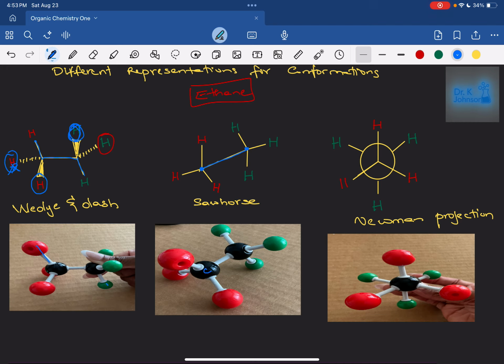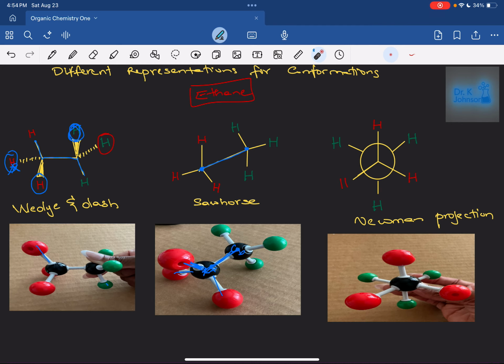So this is your front carbon, back carbon, bonded to each other. The carbon in the front has a hydrogen that points straight up, and then two to the side. Your carbon in the back has two green hydrogens protruding off, and one straight down.